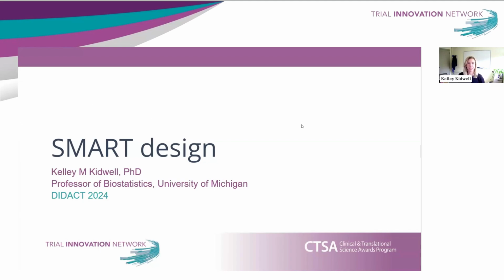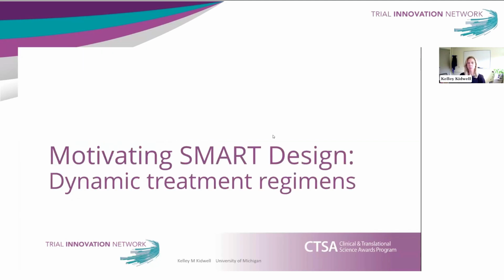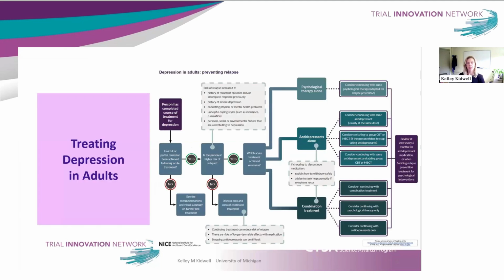So I'm going to talk about SMART design, or sequential multiple assignment randomized trials. But before I do so, I want to motivate this type of clinical trial by talking about what we call dynamic treatment regimens. For most illnesses, conditions, diseases, whether they're chronic or acute, treatment is often not just a one-time thing, right?